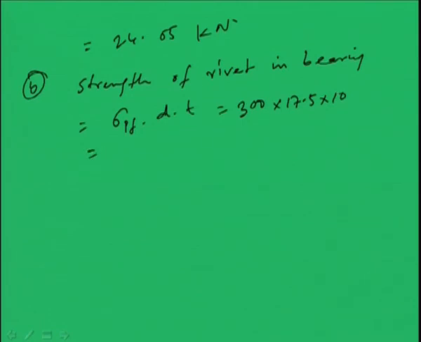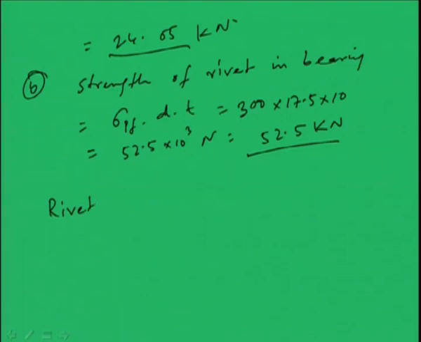So after calculating this is becoming 52.5 into 10 cube Newton, that means 52.5 kilonewton. Okay, so the rivet value in single shear is 24.05 kilonewton and the rivet value in bearing is 52.5 kilonewton. That means we can consider the rivet value as the lesser of these two, that means 24.05 kilonewton. So the rivet value we obtain now.